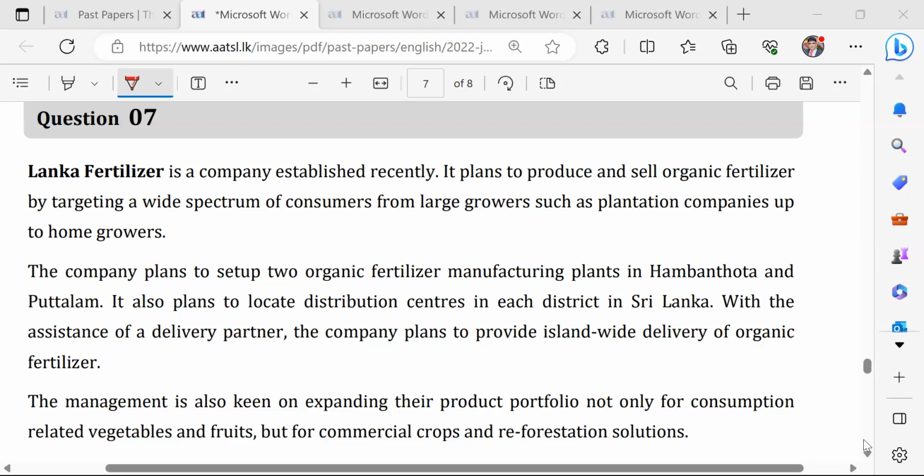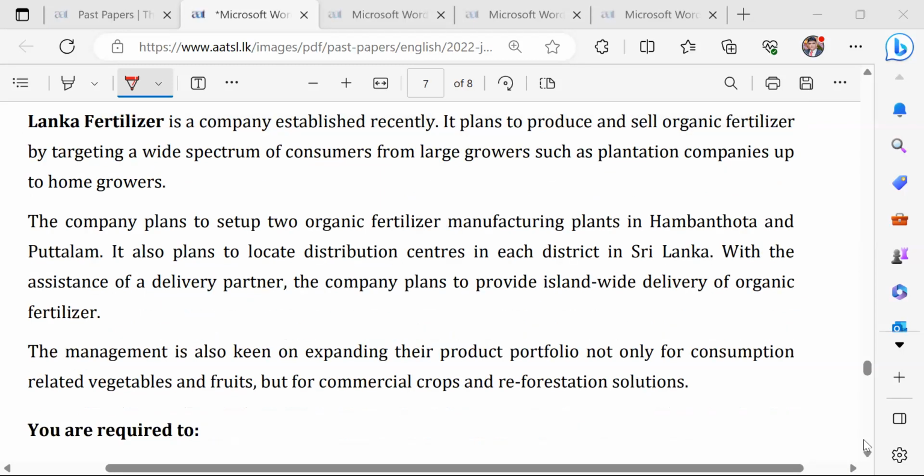I have to highlight here: company established recently, that is not a matured company, right? It plans to produce and sell organic fertilizer targeting a wide spectrum of consumers. Home growers and plantations, that means they are in that range, right?